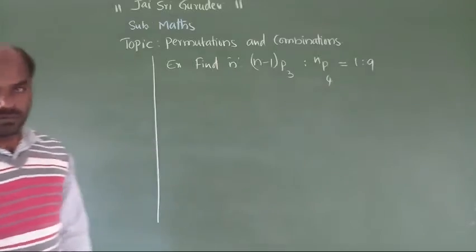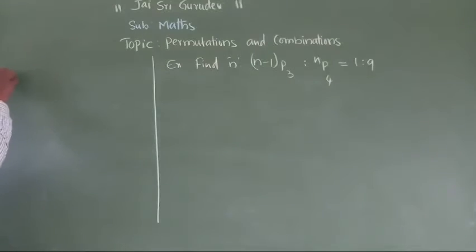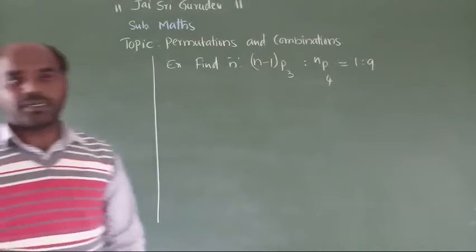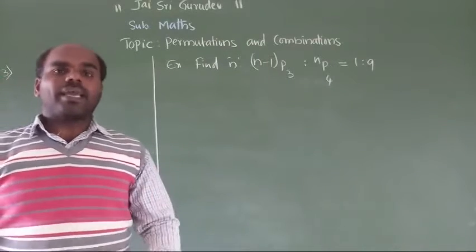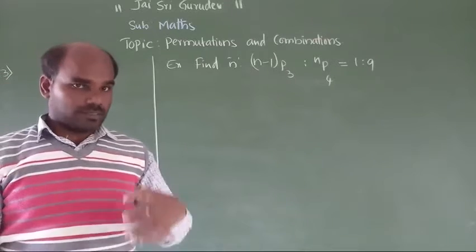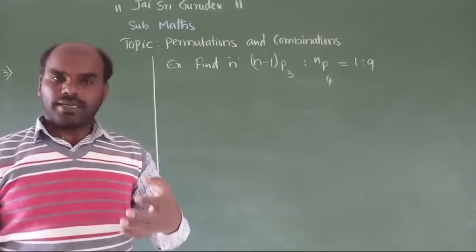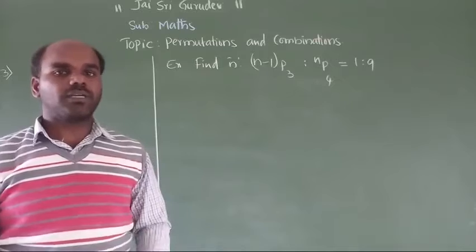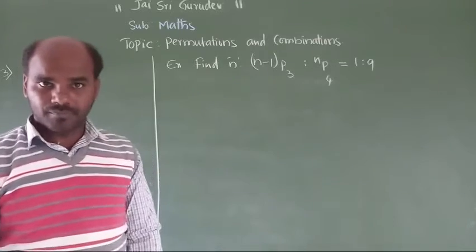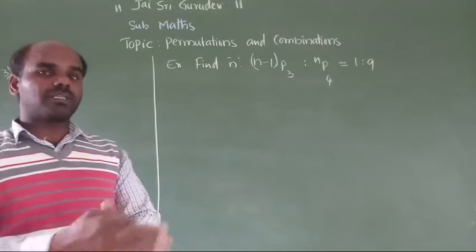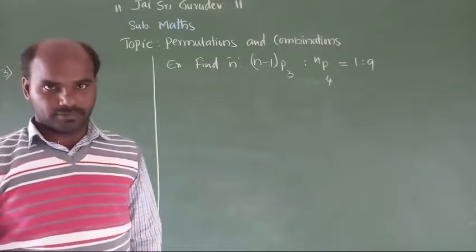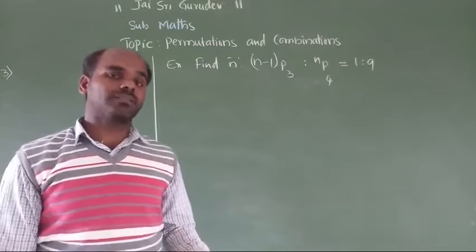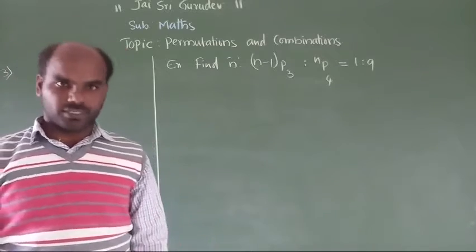Come to the third property now. If you are taking n permutations for arranging flowers in a circular order, that is called circular permutations.